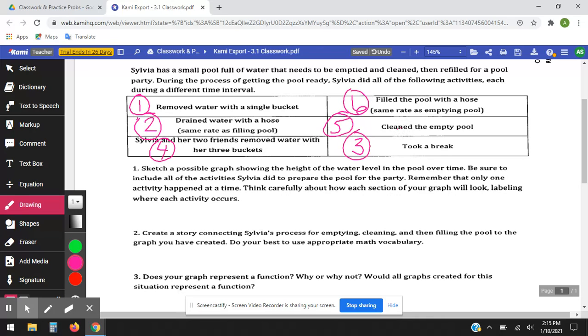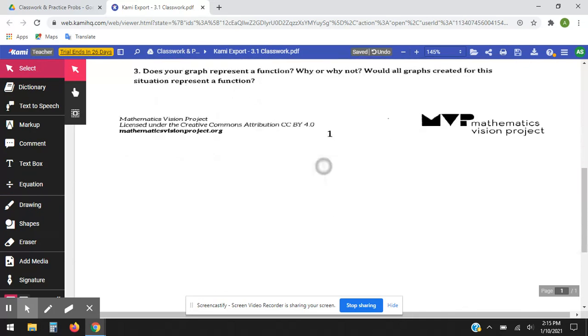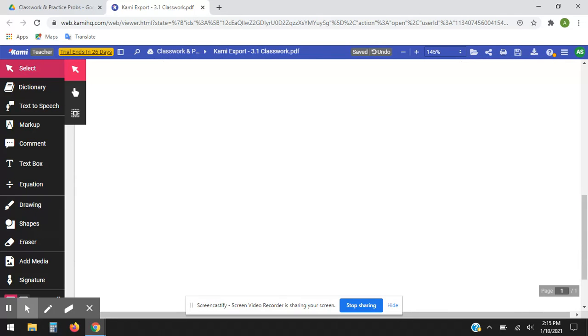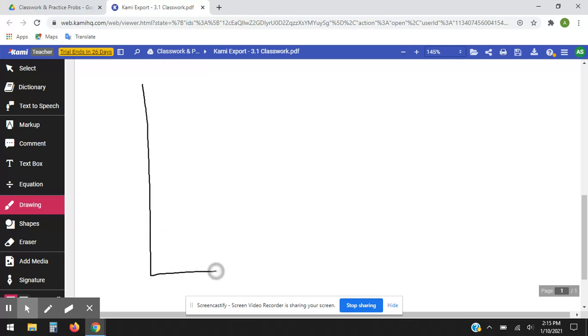All right, so we are going to sketch a possible graph. I'm going to do it down below. Okay, so first she removed water with a single bucket. So I'm going to draw my grid. I'm actually going to use black for this, my graph. So I'm going to make it nice and big here, so I have plenty of space to work with.